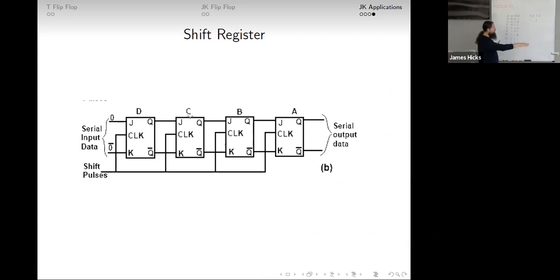So all this does is shift data bits, all one way to the right or all one way to the left. And there are different versions of these. Shift right, shift left.